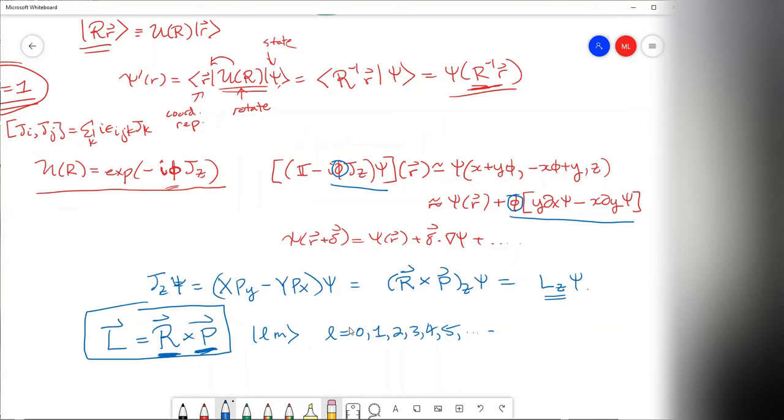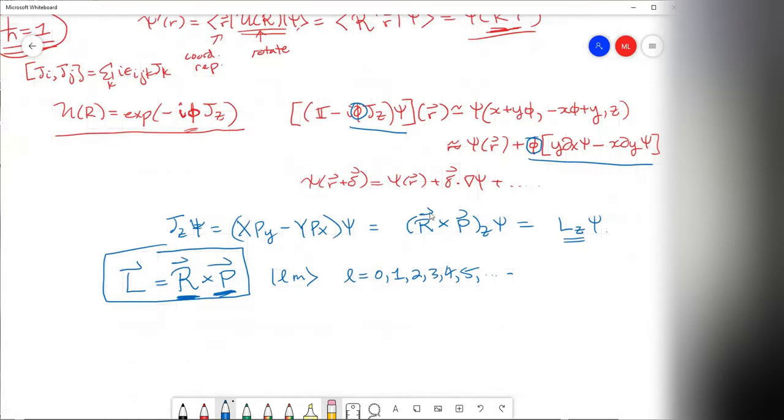And we can figure out how the components of angular momentum act on wave functions. Since we're in coordinate representation, these operators must behave like derivatives. We already see how in the Cartesian coordinate system this is what Lz does, this cross product kind of thing.